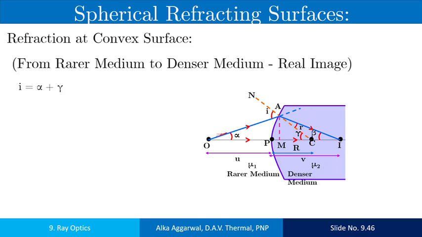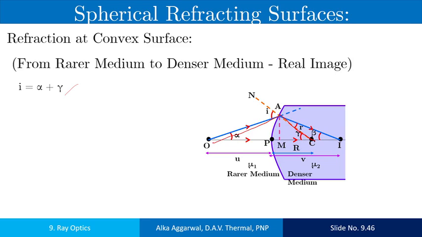Now, in the triangle OAC, I is an exterior angle. As I is an exterior angle, it is equal to alpha plus gamma.